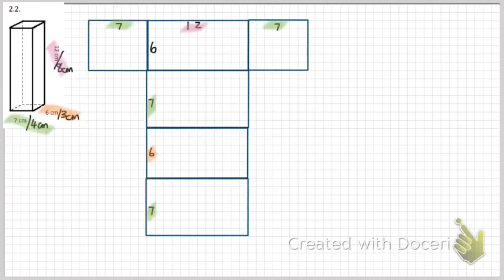Right, then the next one, we have a rectangular prism. What I did was I started with this side and I drew it right there, a 12 by 6 rectangle. Then I went all the way around and I drew each rectangle. I started with the one there at the back. That's this one. Then I went on to the one on the left there.